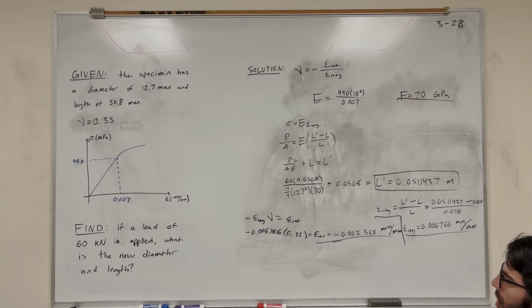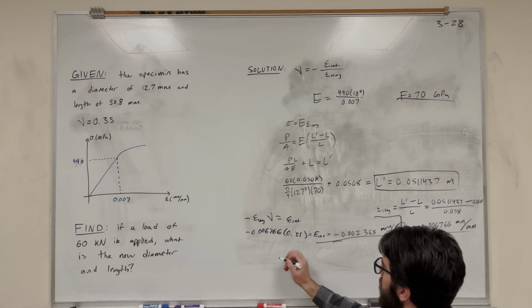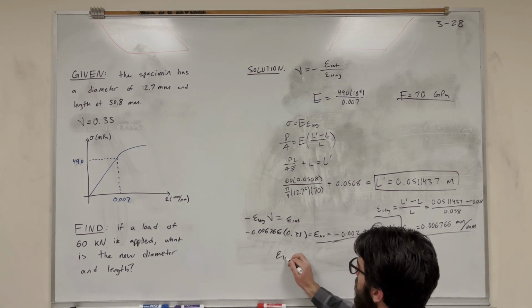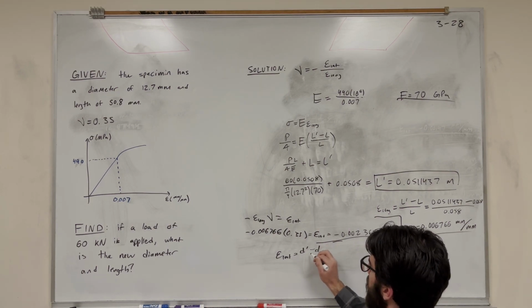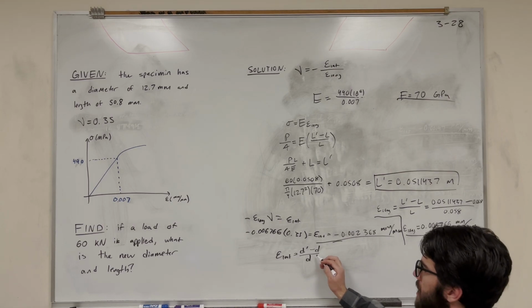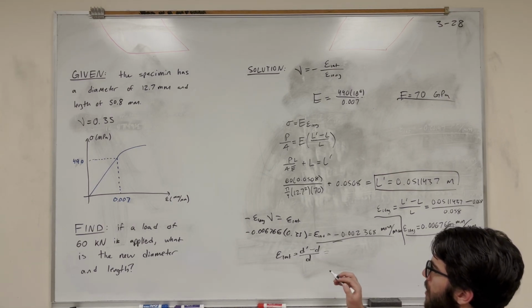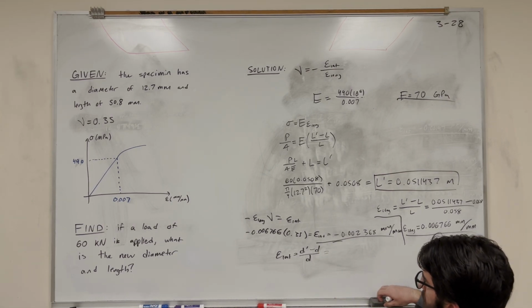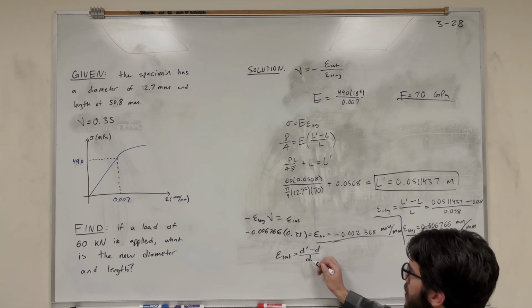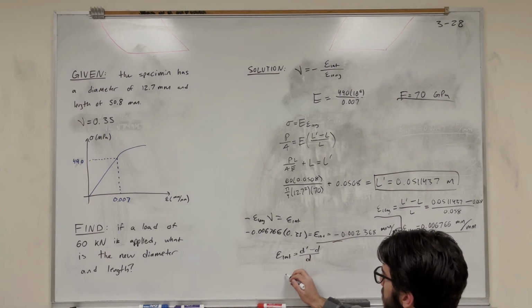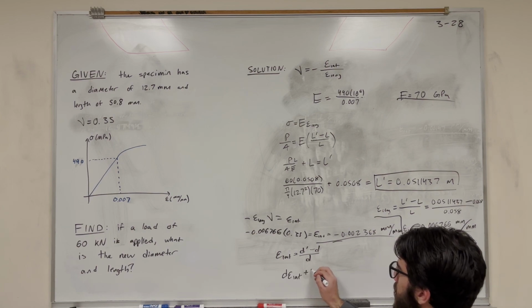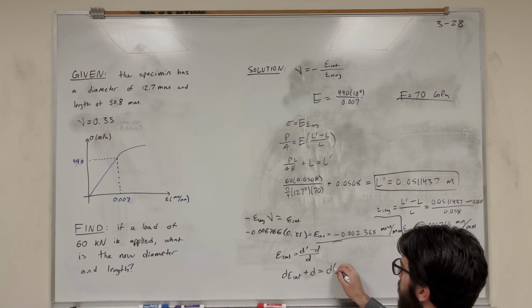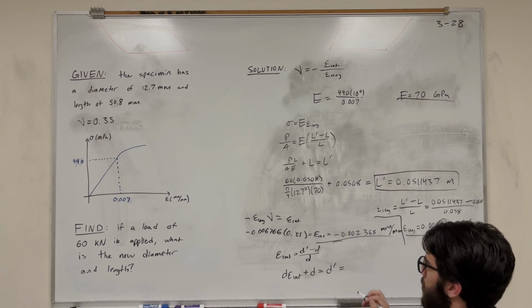Now we need to solve for the change in diameter. We can use the equation strain lat is equal to d prime minus d over d. We know d prime is what we're solving for, so let's multiply by d and then add that d. We get d times epsilon lat plus d is equal to d prime. Let's put in those numbers.